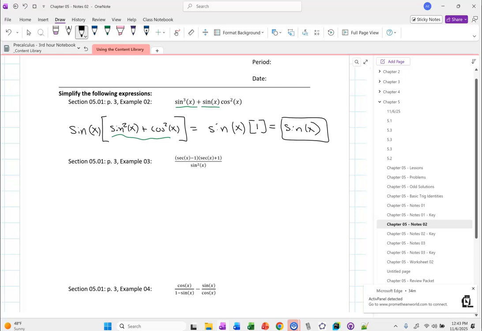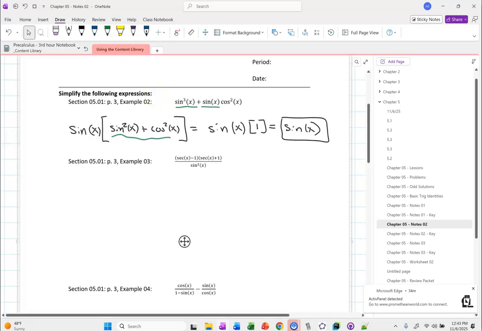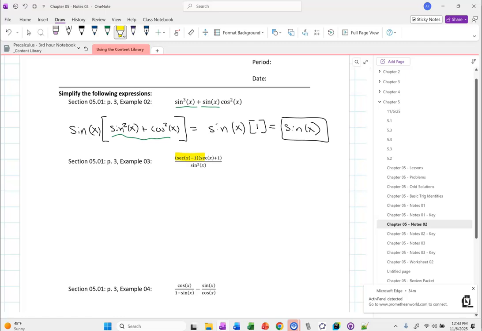Yeah, foiling the top two seems like an excellent idea, because what type of multiplication is going on in the top two? Foiling? Well, it's a difference of two squares, right? I have secant x minus 1 and secant x plus 1. I love when I see a difference of two squares factoring pattern. That's almost always going to be something super useful for us. So that's where we'll start.